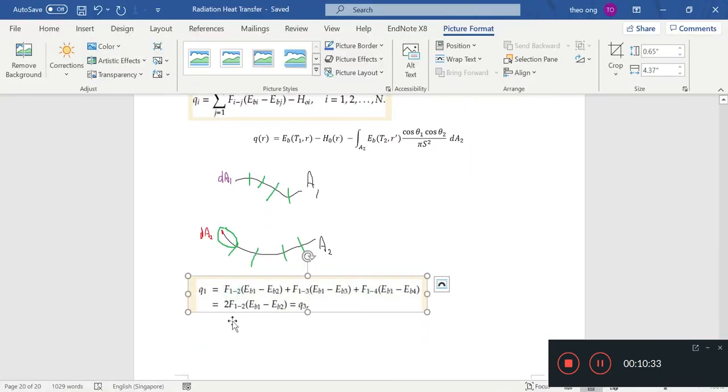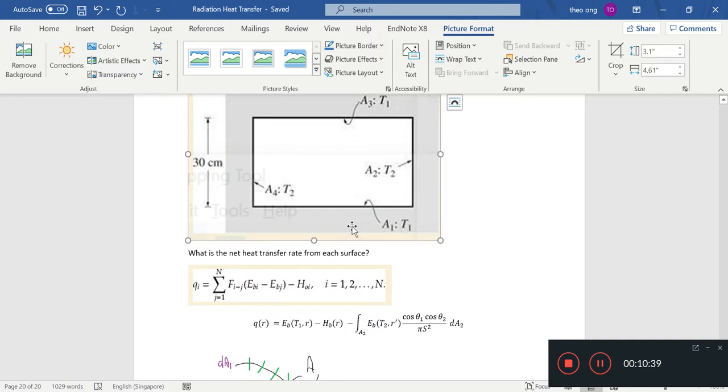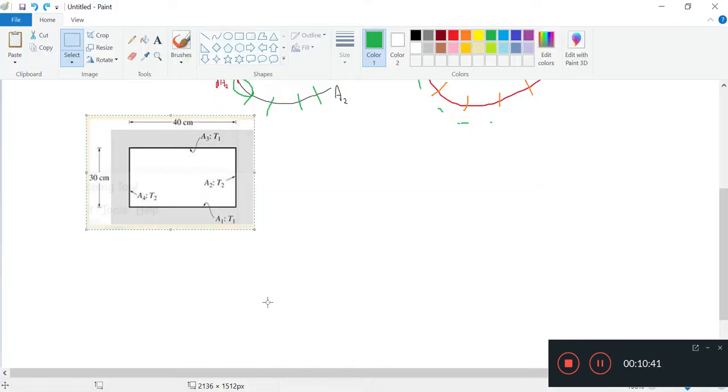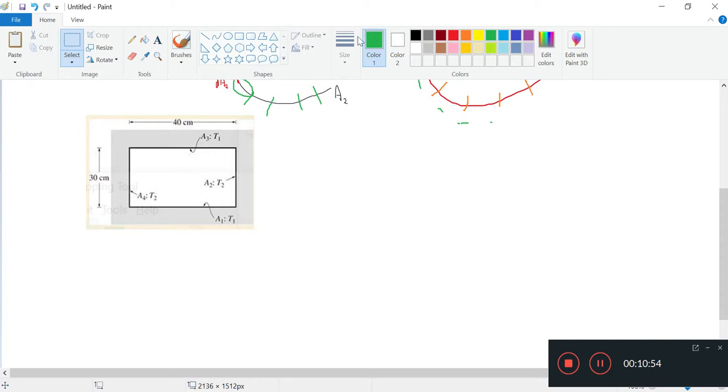F1 to 2, we can consider the first term first, which is the radiation emitted from the first surface A1. So we look at EB1. What this equation is saying, EB1 into F1 to 2, that is the radiative energy per unit area going from here to here.